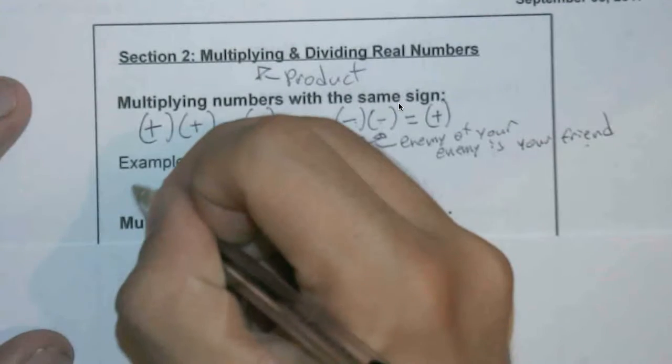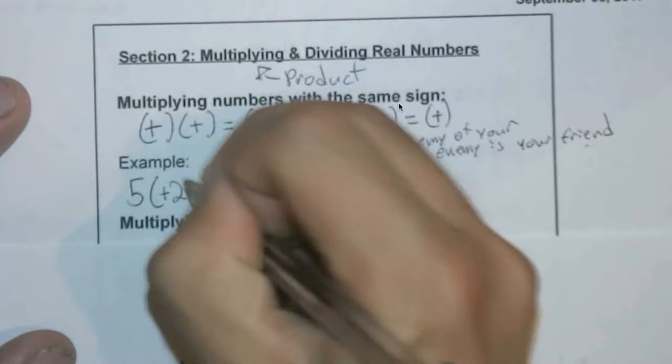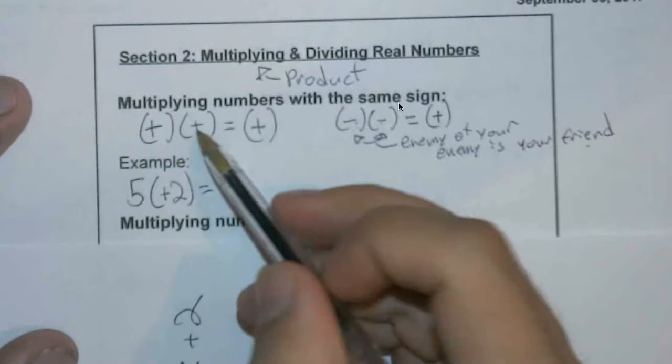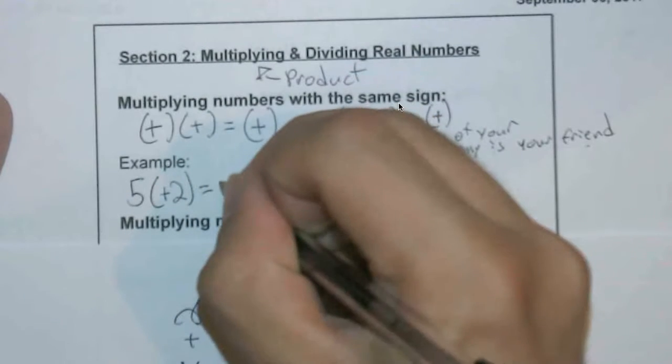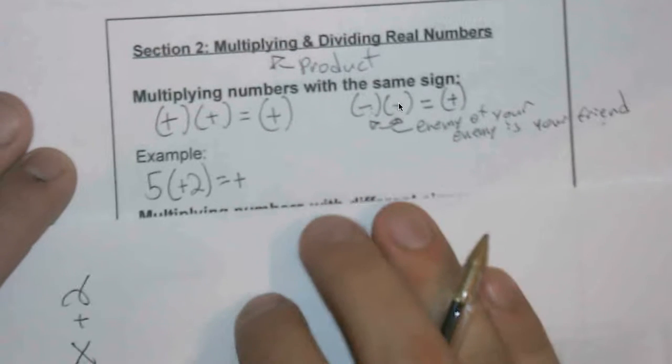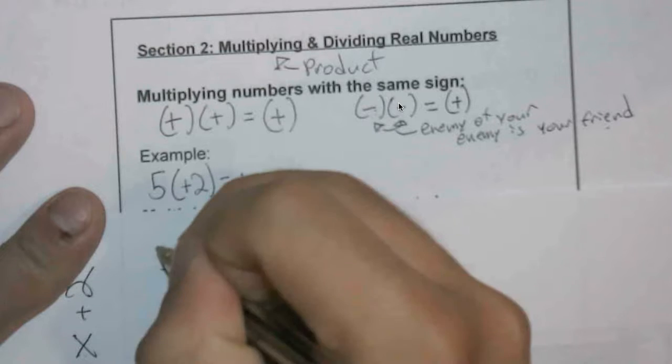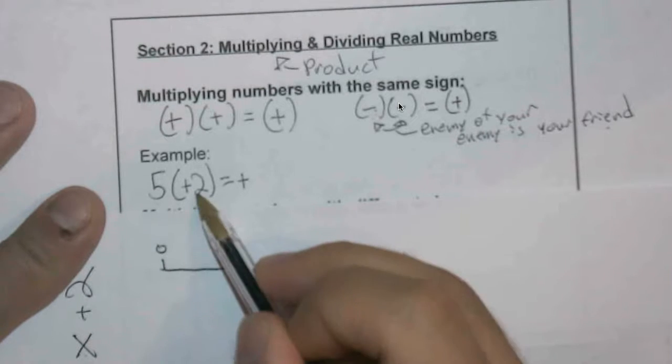If we were to multiply 5 with a positive 2, these are both positive terms being multiplied, so our outcome definitely has to be positive. If we were thinking of this on a number line, we might want to think of it as if we have 5 versions of 2.